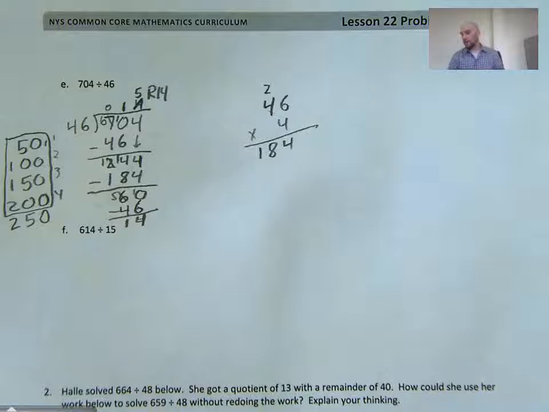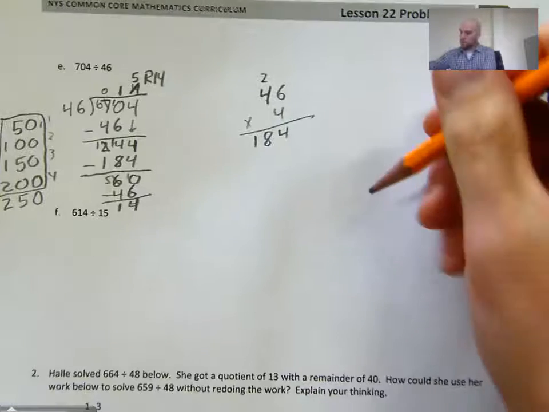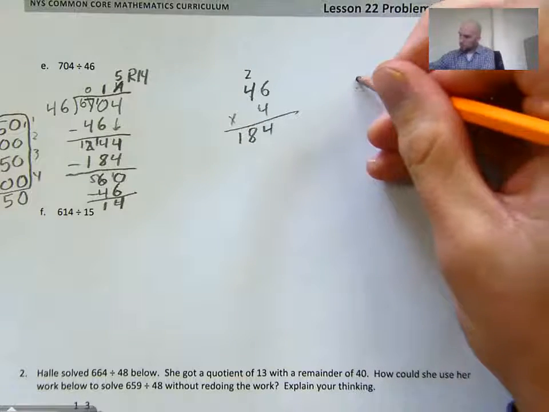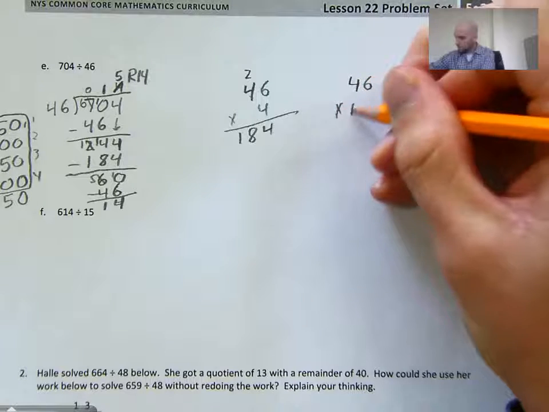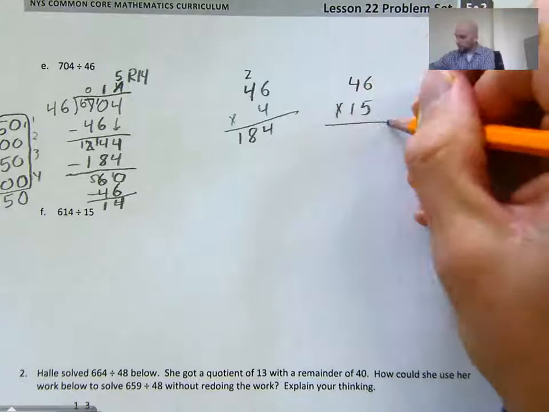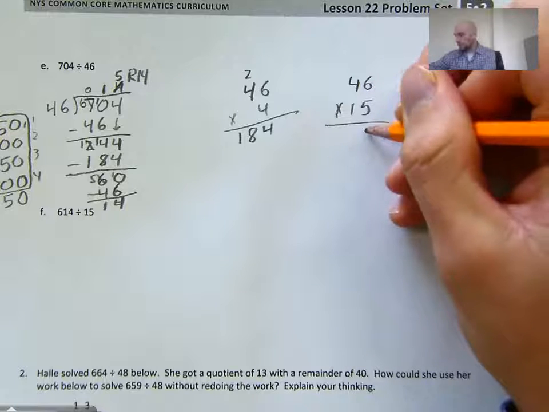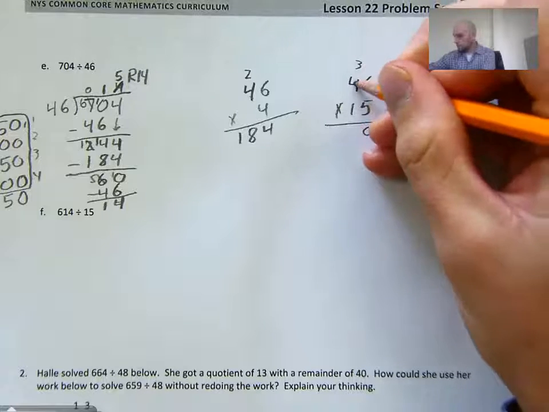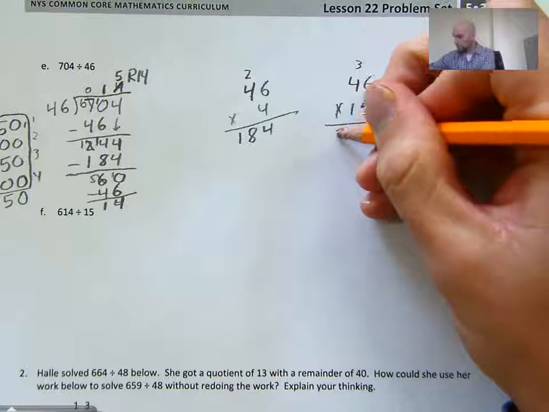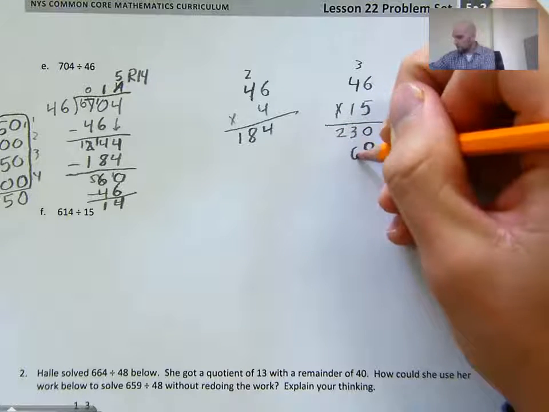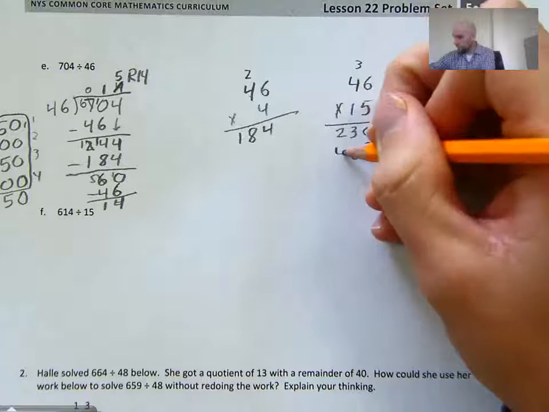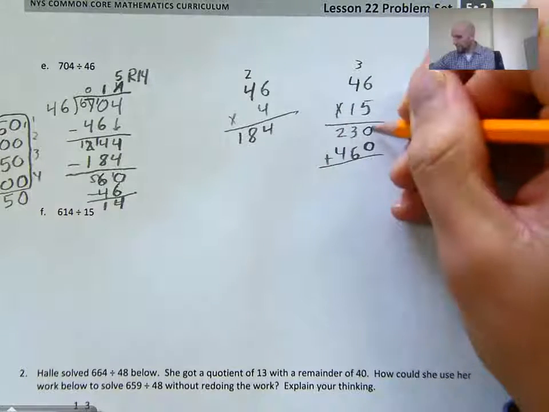I can check my work. And I'll do 15 times 46. 46 times 15. 6 times 5 is 30. 4 times 5 is 20, plus 3 is 23. Bring down my 0 for a placeholder. 6 times 1 is 6. 4 times 1 is 4. And I add those together.